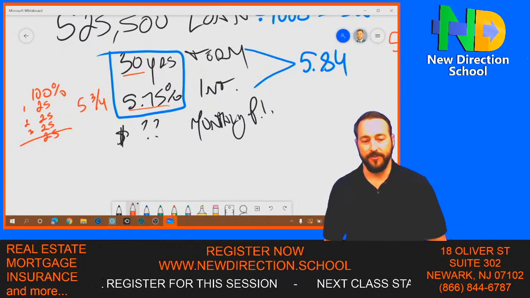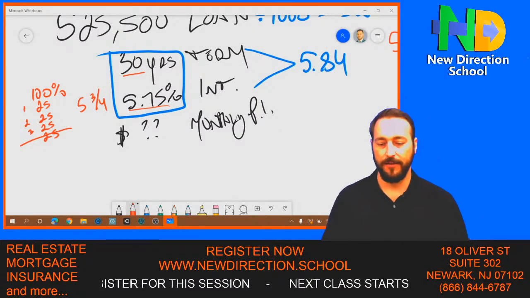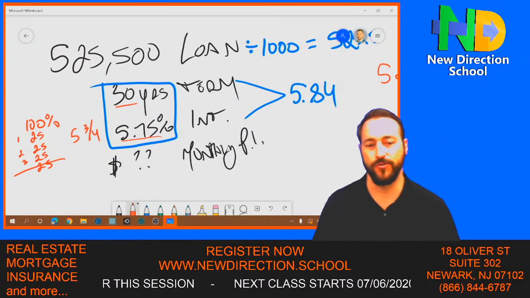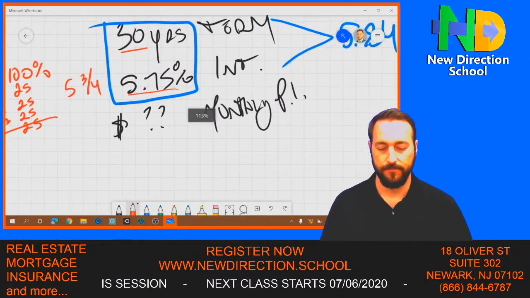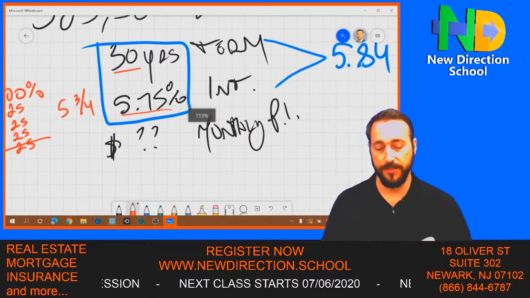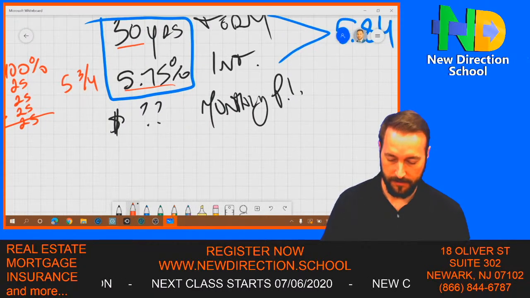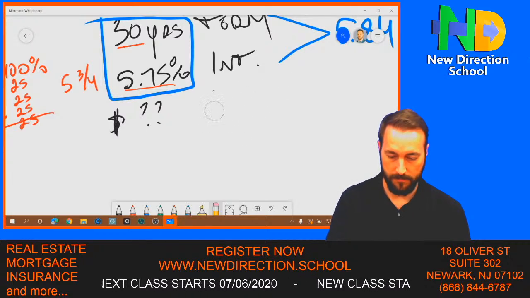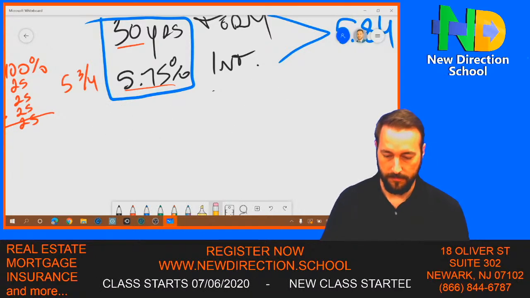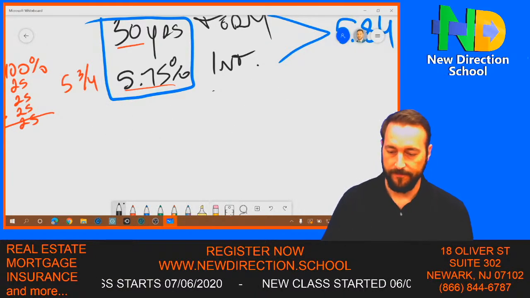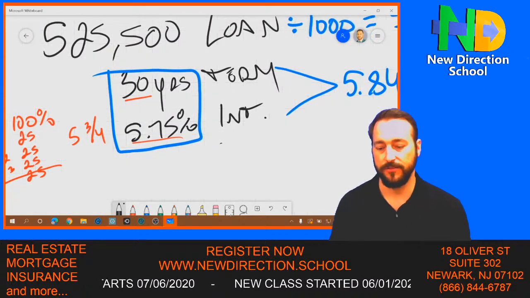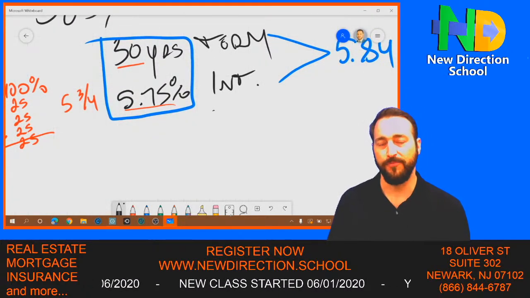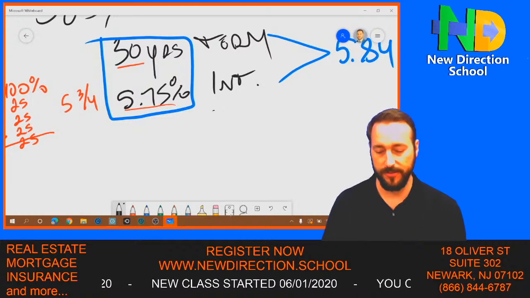So we were able to figure out the monthly PI. What about if I want to include taxes and insurance? Let's say the question was $525,000, 30-year term, 5.75% interest.